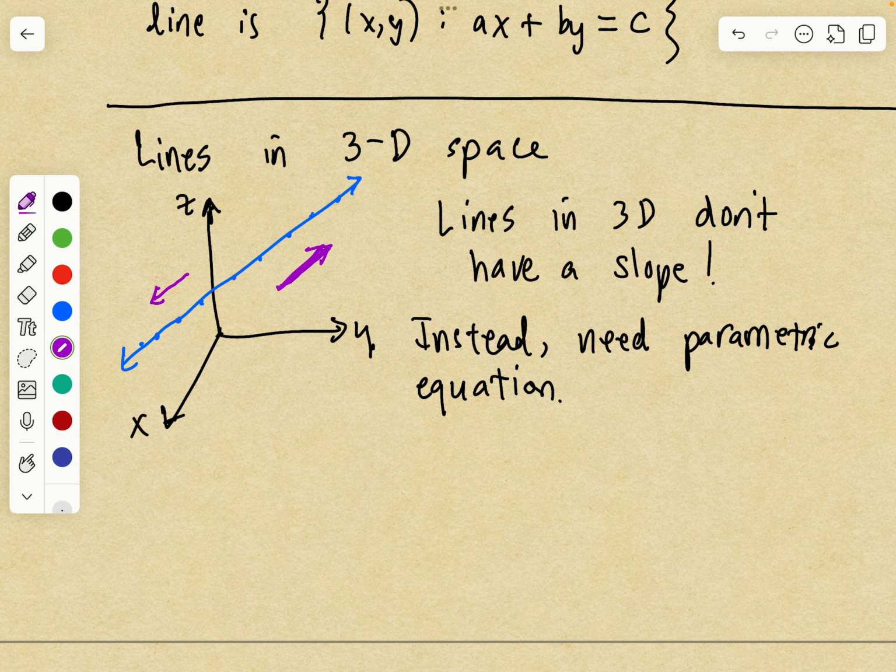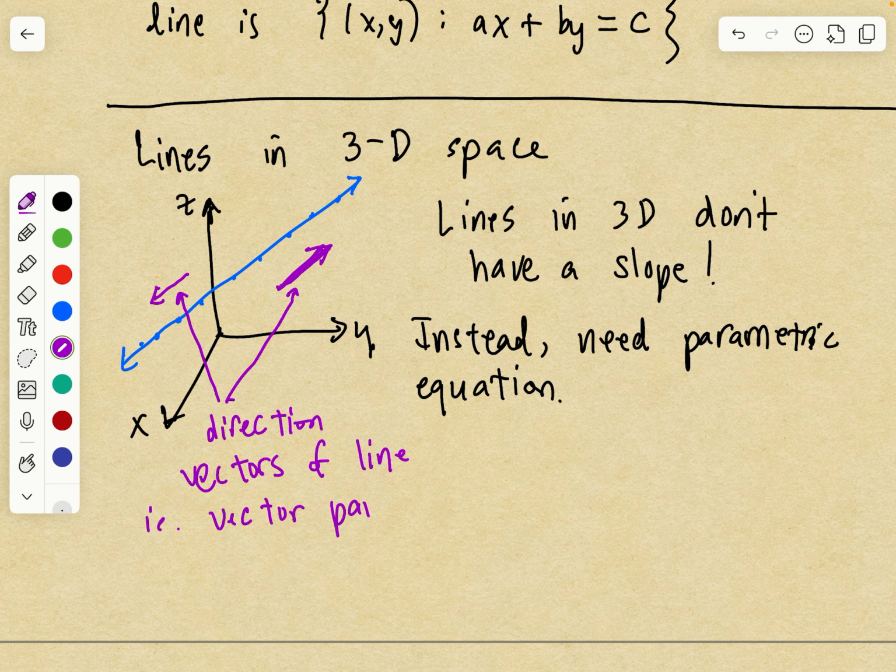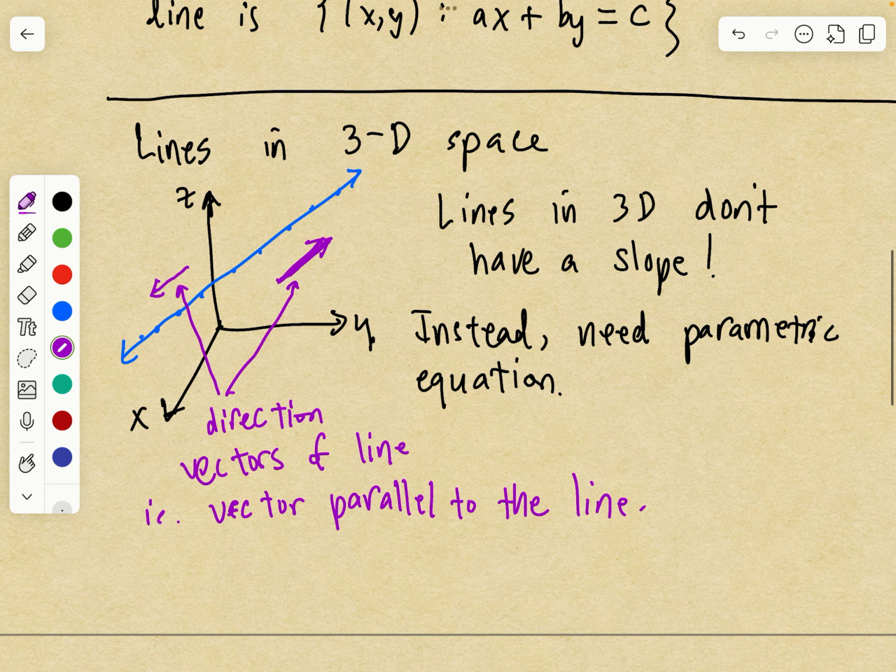So these two are direction vectors of this line, i.e. any vector that's parallel to the line. And that's going to be our substitute for the slope.